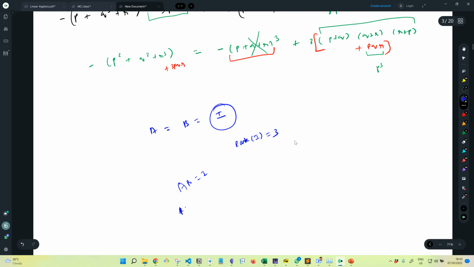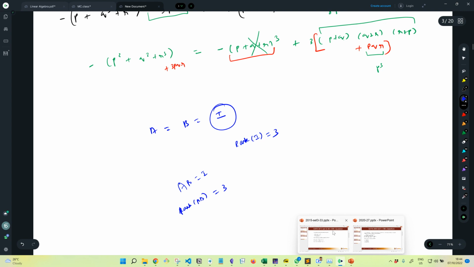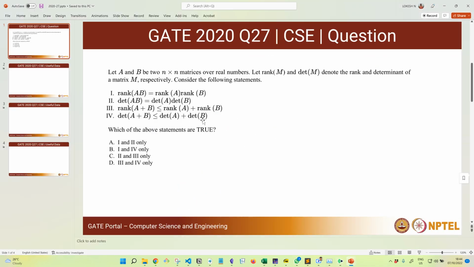Thus, rank of AB equals 3 again, but rank of A into rank of B equals 9, right? And 3 is not equal to 9. That is why the first statement is wrong. Is the argument clear? Okay, I think it is clear.